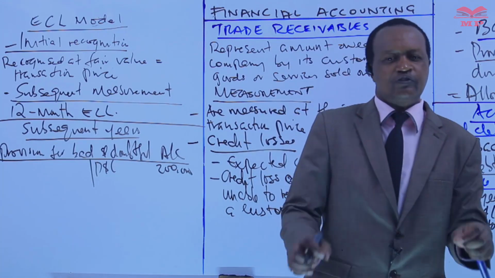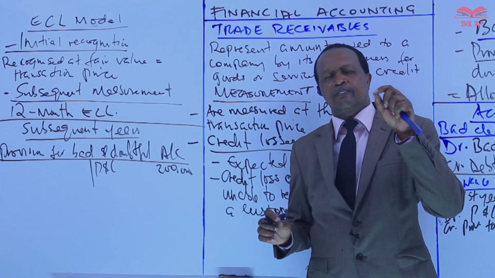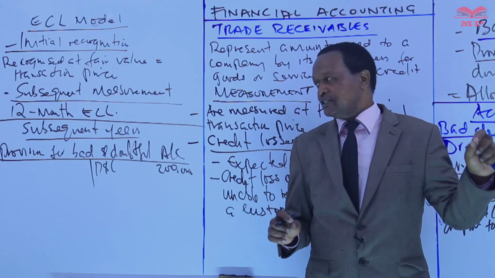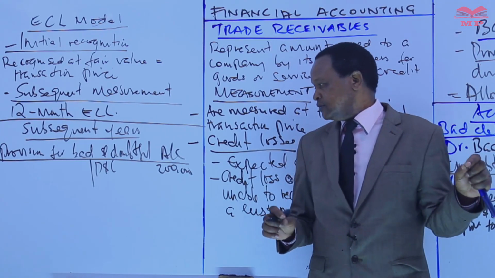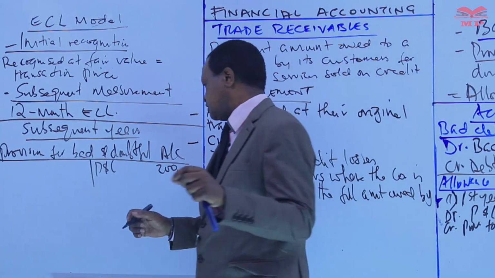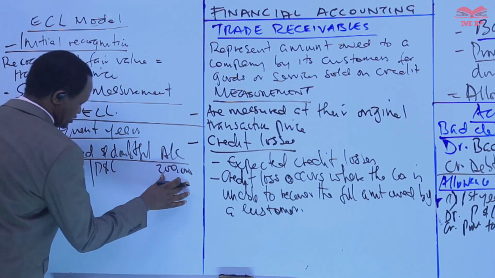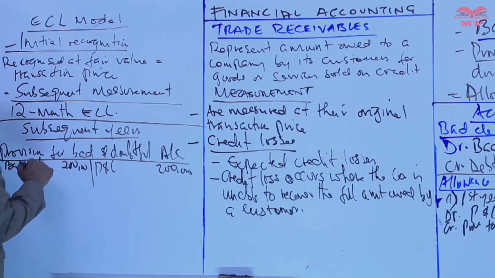So we want to find out if the provision, first of all, increases. So you can see, candidates, in year one, this is year one. If you are to close this account in year one, we'll have balance carried down here, 200,000.